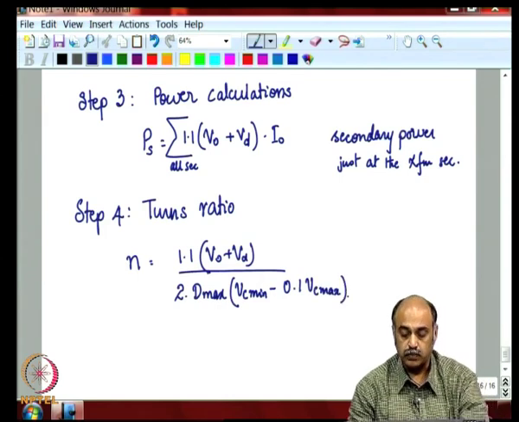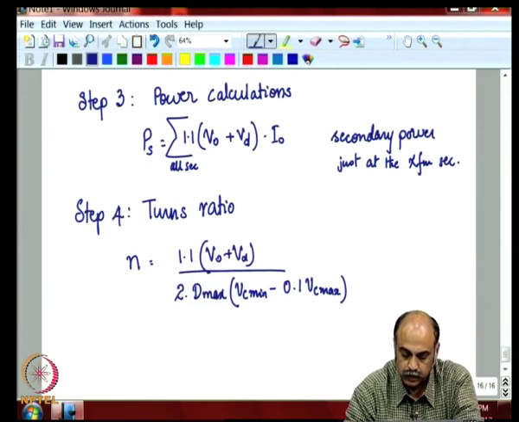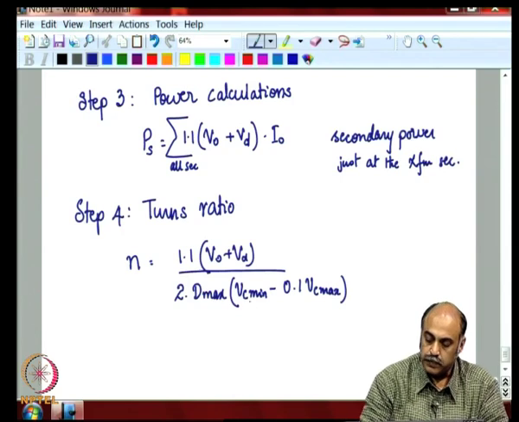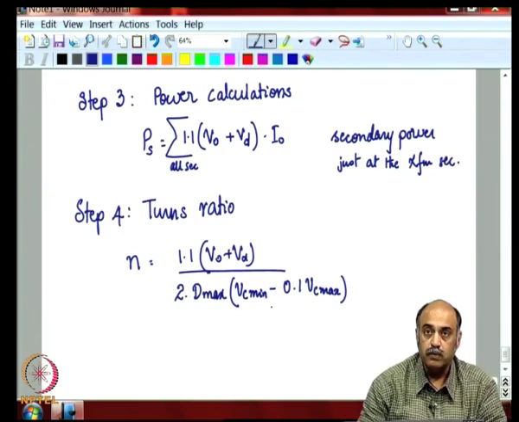How does this come about? So, Vc minimum minus 0.1 Vc max.